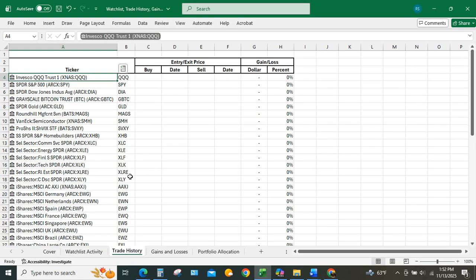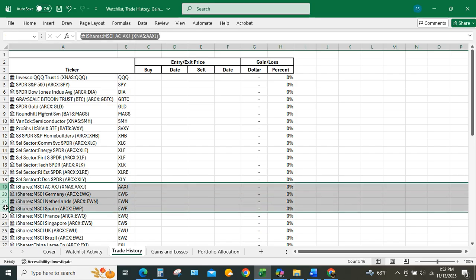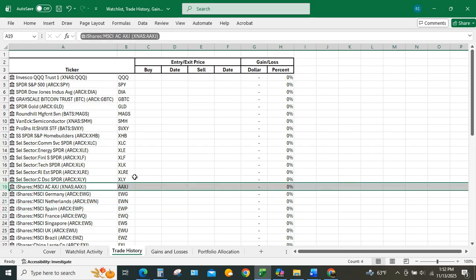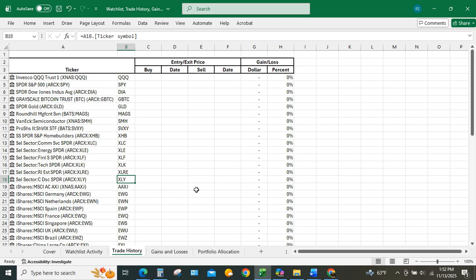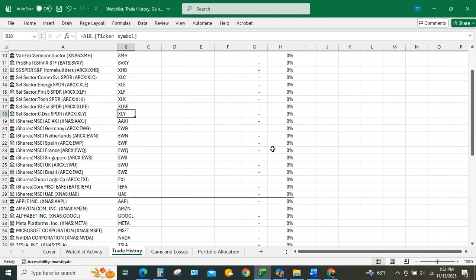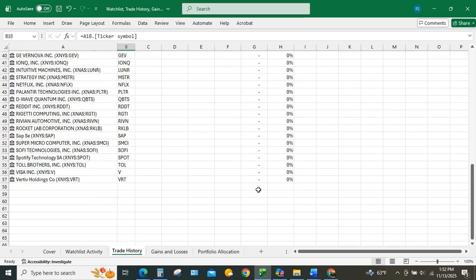So for XLY, I'll put in the buy, sell, and then the gain on that. And if I do any more trades on XLY, then I'll just add some rows and keep adding all of the trades that I've done. And it'll come up with a total for each ticker. And then at the very bottom, everything will be totaled up.